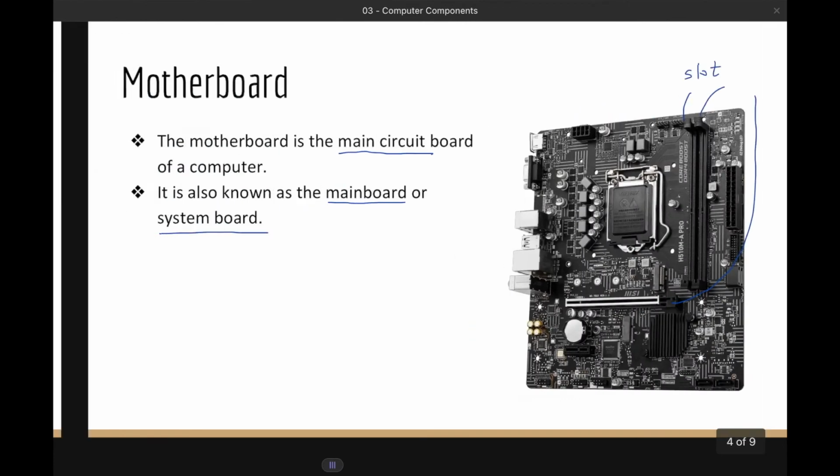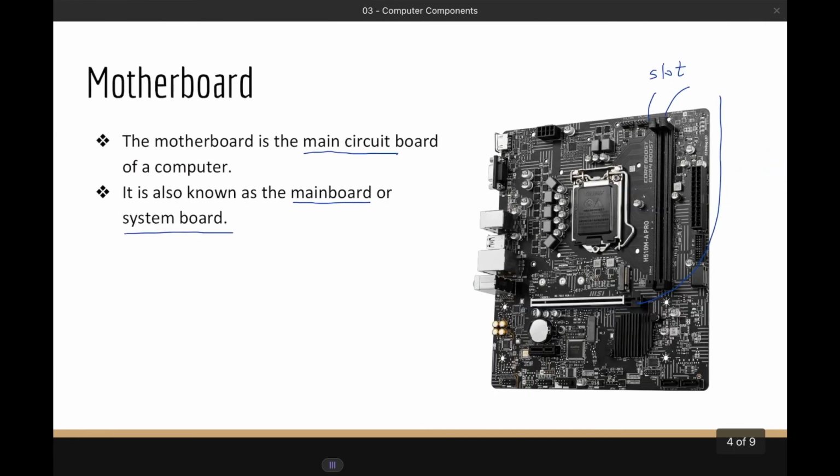And if we go back to our picture of our motherboard, as you can see, this slot here is where our CPU would go in. This is what is known as a PCI Express slot, and here your GPU would be fitted.